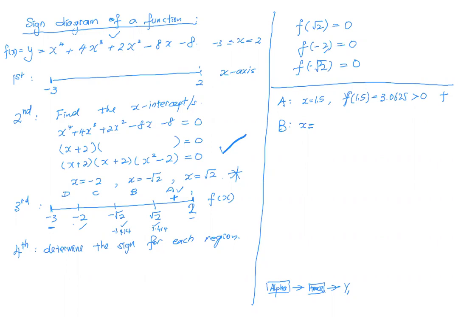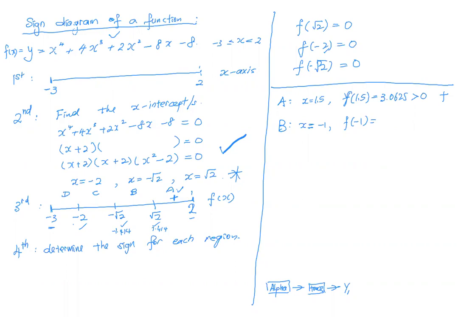So now, Glady, for region B, what should I put as the value of X? -1. Yeah, fair. So f(-1). Okay, I don't have to ask you already.